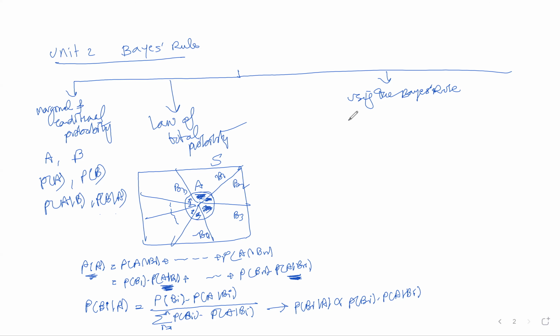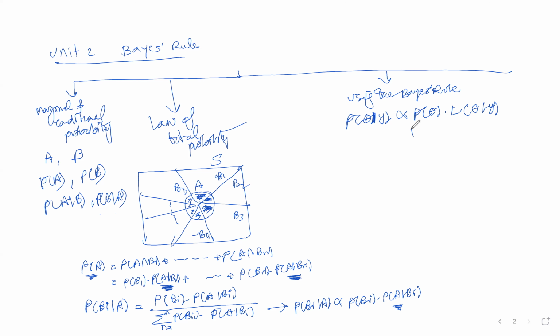So we write it down as the probability of the parameter we are interested in given data, proportional to the prior distribution of the parameter times the likelihood of the parameter given data. So why do you change this from A given B to B given A? Because we assume we know A. Once you plug in A as data, it will be a function of Bi, or theta in general. So this is the Bayes rule, and we use it in two cases in unit 2.